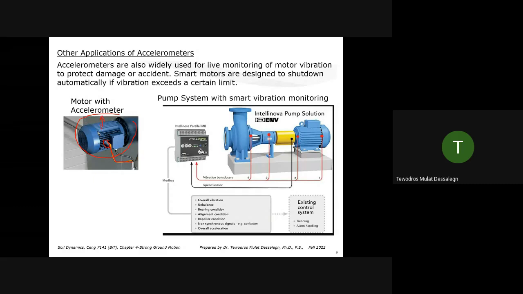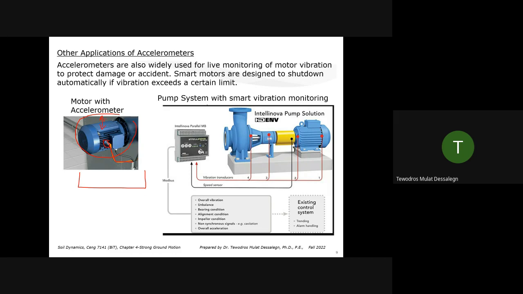If there is excessive vibration in this motor, it can get damaged. So we apply this accelerometer sensor and get the recording. If it exceeds a certain value, there is automatic shutdown. So this is instrumentation, automatically being monitored for its own safety.